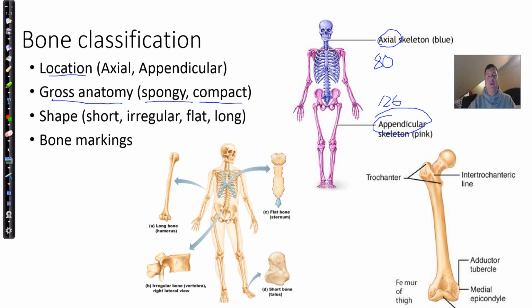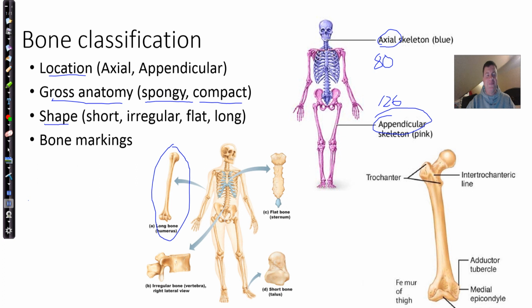The shape of the bone is another way of classifying bone. As you've probably already done in lab, a bone that is longer than it is wide is considered to be a long bone.